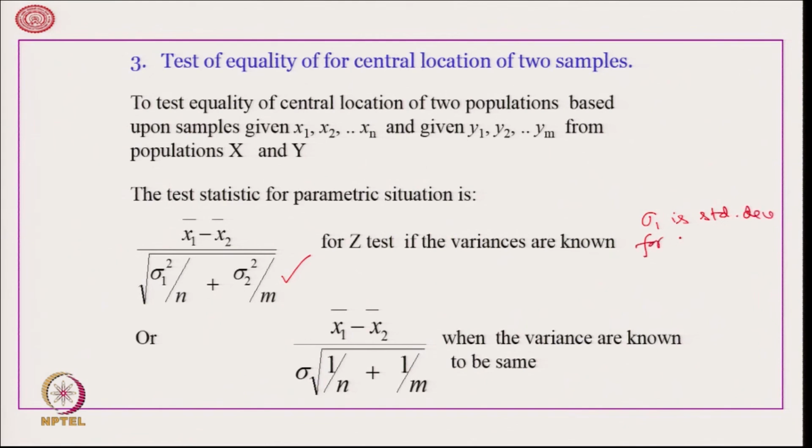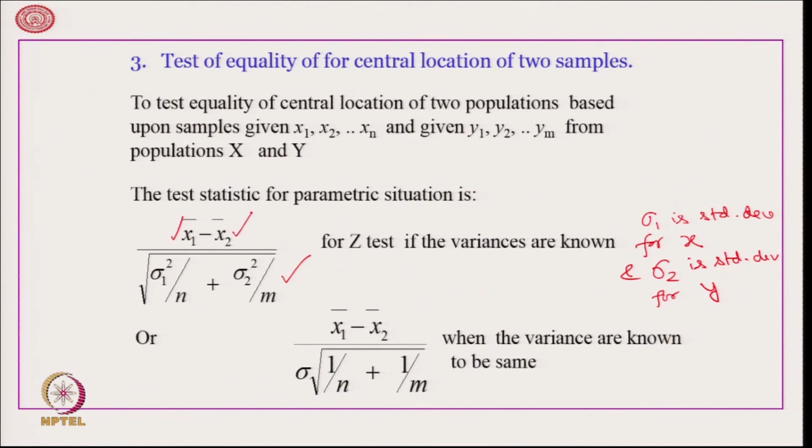where sigma 1 is the standard deviation for x and sigma 2 is the standard deviation for y, and n and m are the corresponding sample sizes. X1 bar is the sample mean for the x population and x2 bar is the sample mean of the y population.